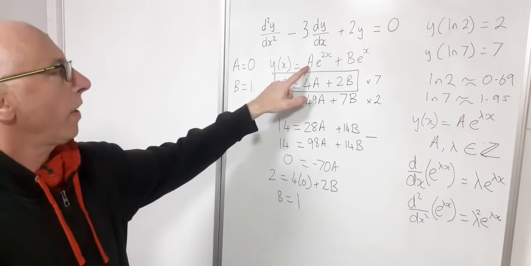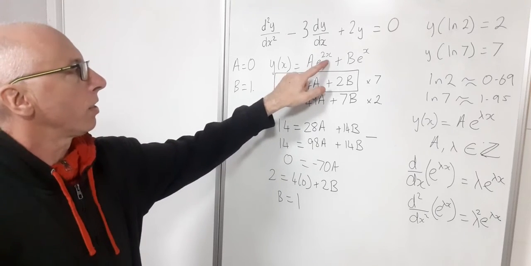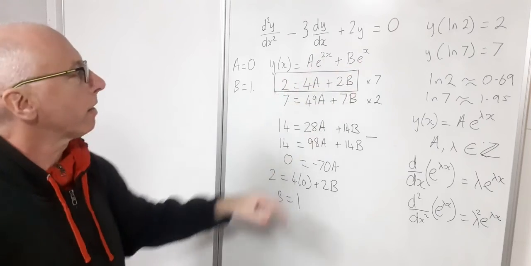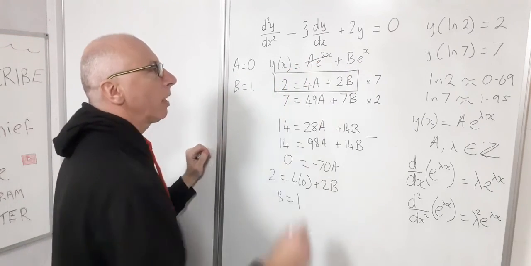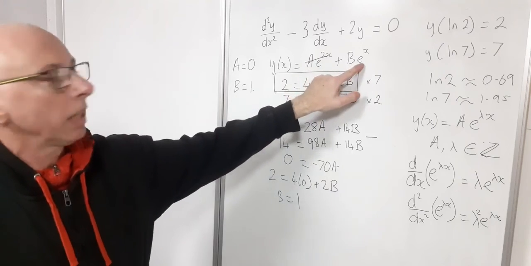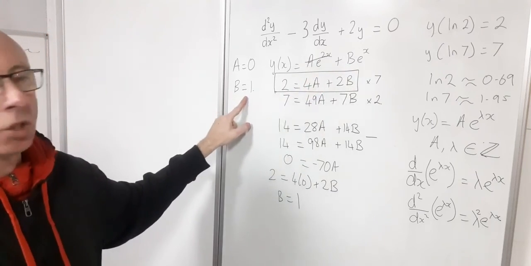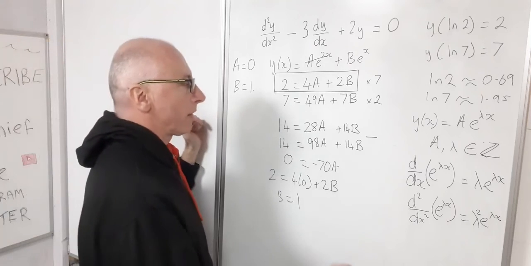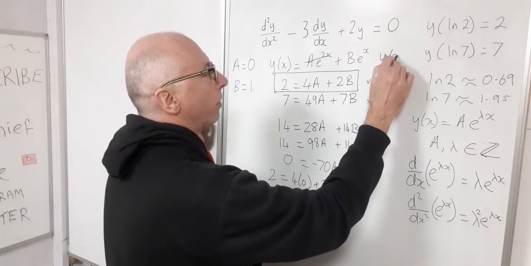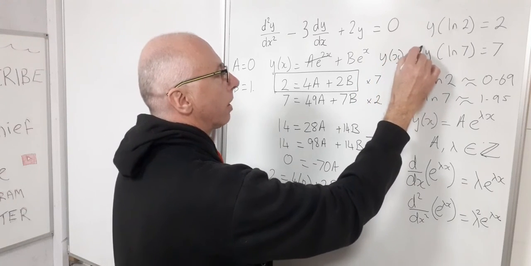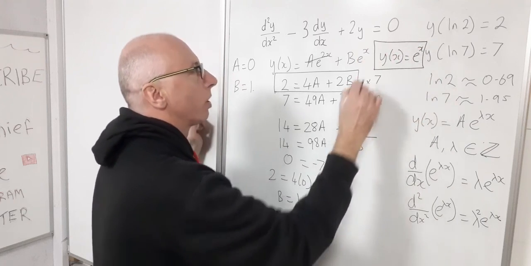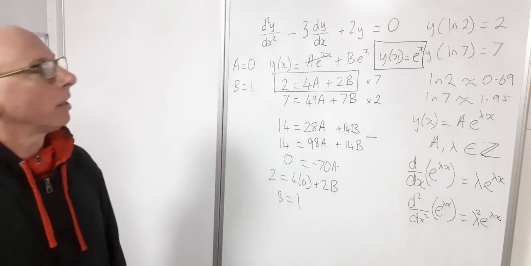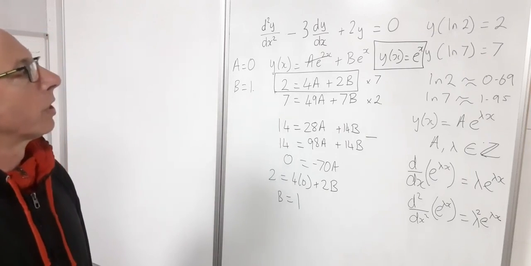So therefore y of x equals a times e to the 2x plus b e to the x. Well, a is 0, so this term is going to disappear, and I'm going to be left with b e to the x. Well, b is just 1. So therefore my final answer is y of x equals e to the x. And that's a very interesting solution to a complicated looking differential equation.